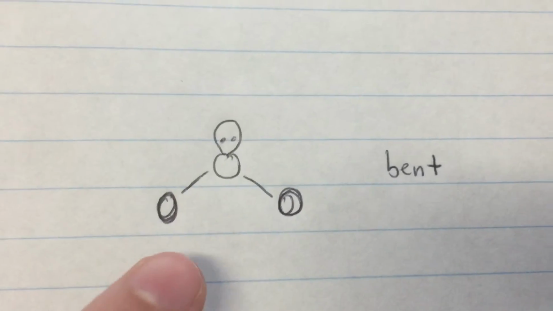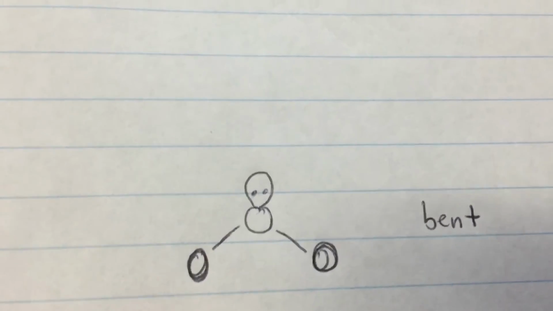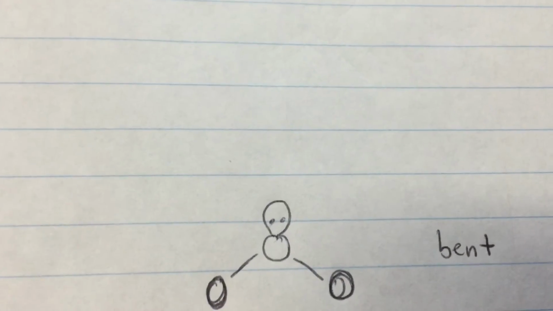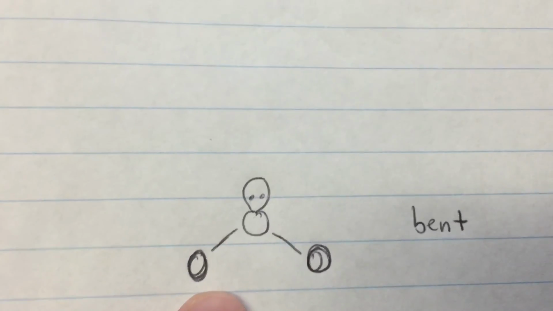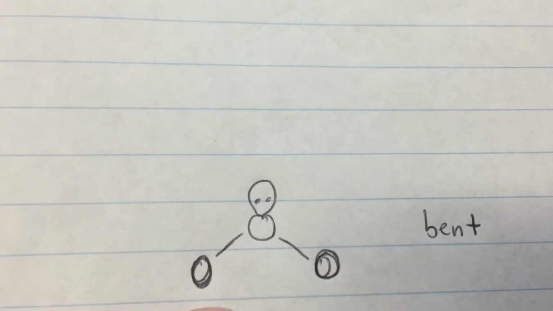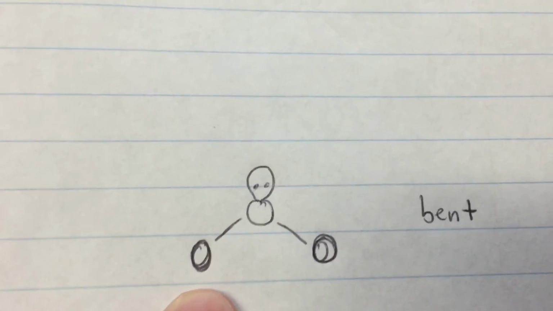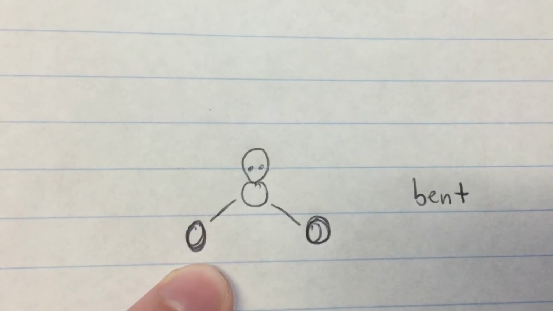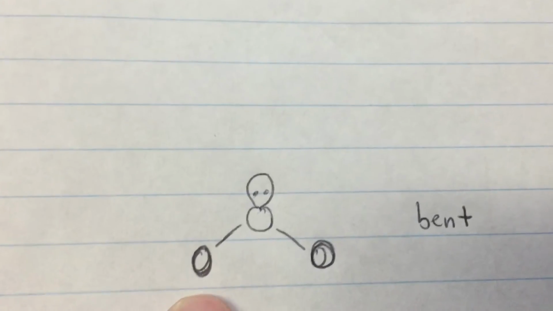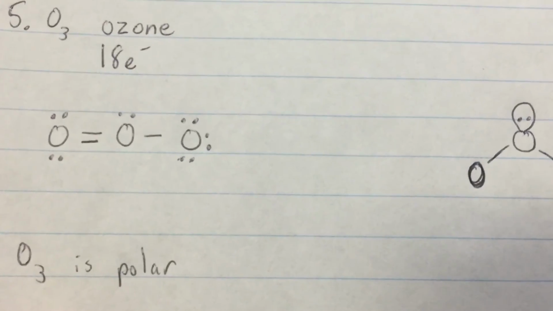So now looking at the molecular geometry, we can tell that it is bent since the middle oxygen has a lone pair on it. Since all of these are the same atom, there is no point in looking up the electronegativity chart. However, since it is bent and the atoms will have a pull to them and not cancel out, this would leave O3 as a polar molecule.